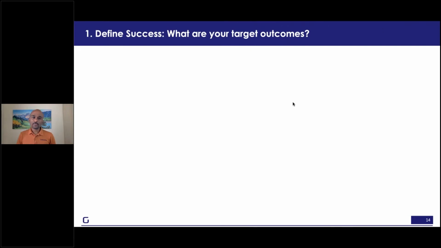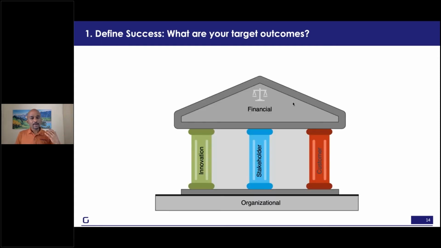Step one, we talked about defining your target outcomes, defining what is really success for you. There are 5 different categories of strategic outcomes you can target. Financial is the most obvious one. We talk about revenue uplift or cost saving. Additionally, you need to balance those quantified financial indicators with other factors such as organizational performance or efficiency improvements.